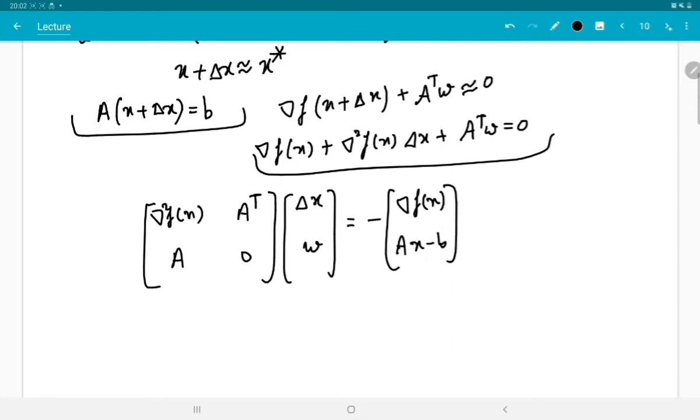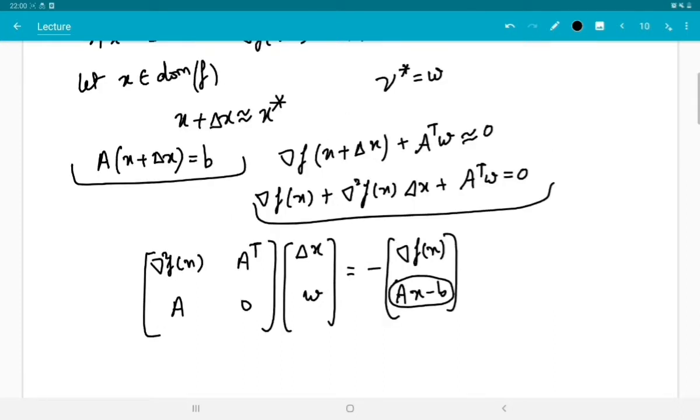Now comparing it with the previous optimality condition that we had, the only difference is that this term is now Ax minus b. Initially it used to be 0. So if we have an x which is in the feasible region, this is 0. That means it is exactly the same previous problem that we had.